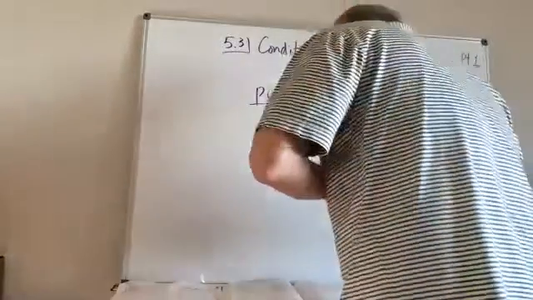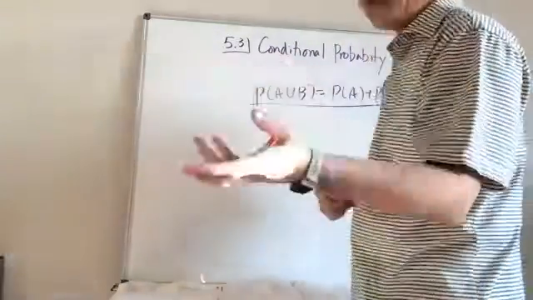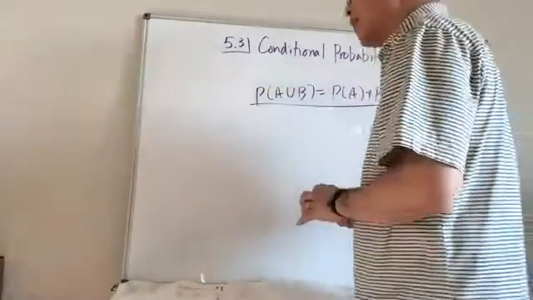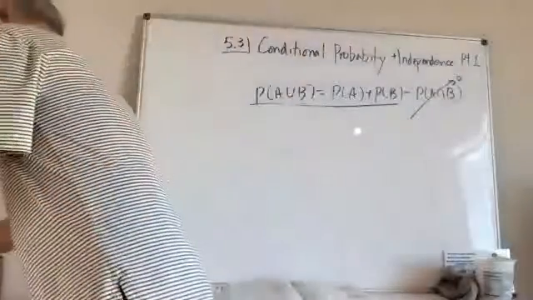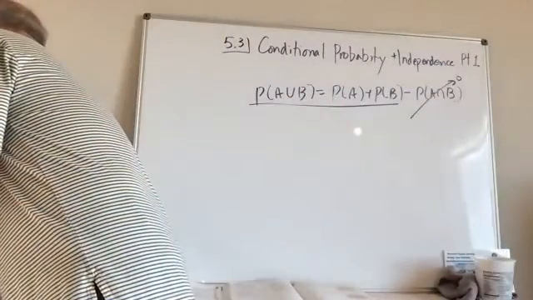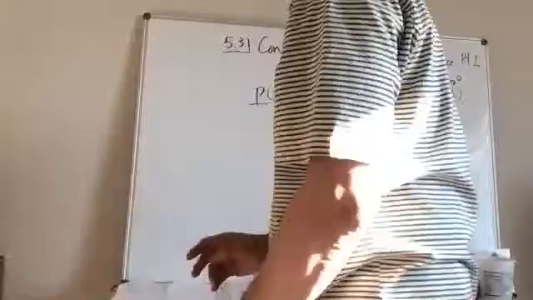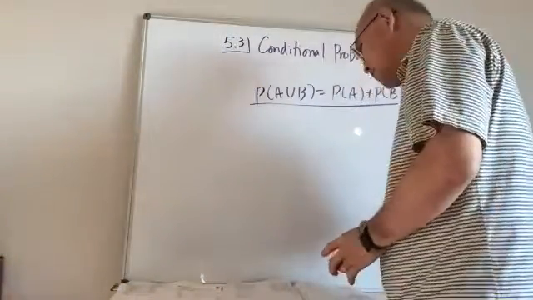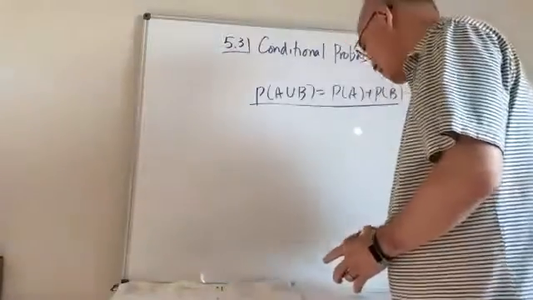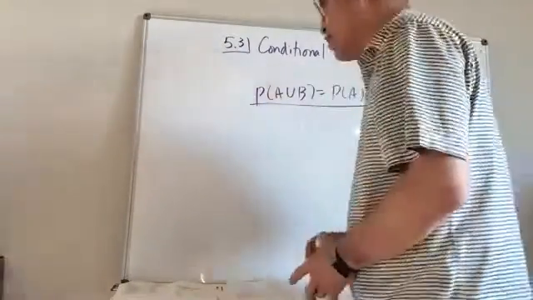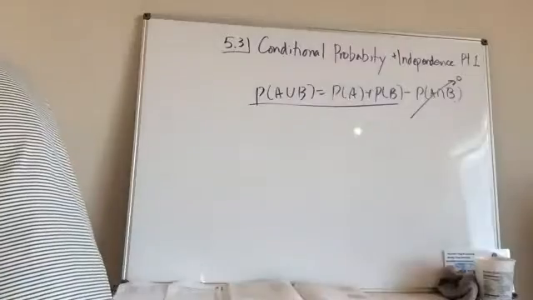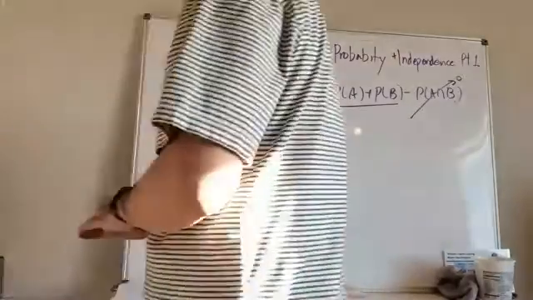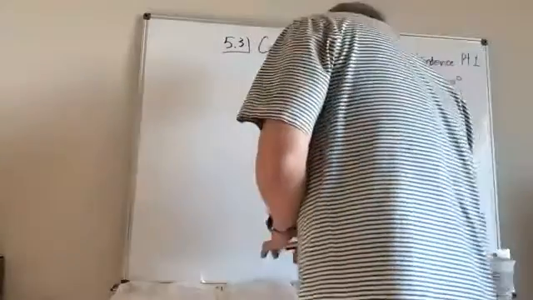Now, for mutually exclusive versus independent events, if you go to page 335, there's a green box there. Let's have Braden read the green box for us. A and B are independent events if knowing whether or not one event has occurred does not change the probability that the other event will happen.